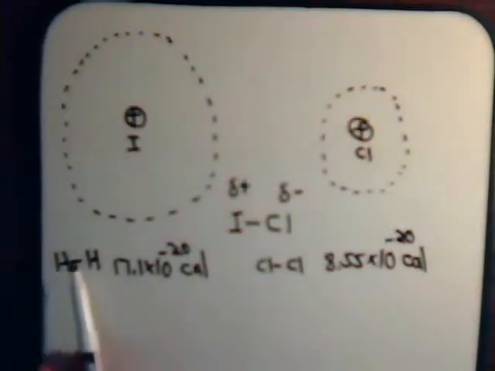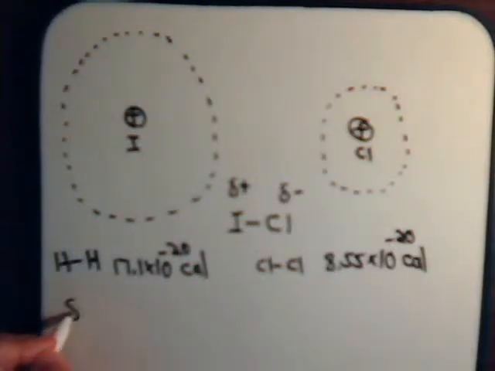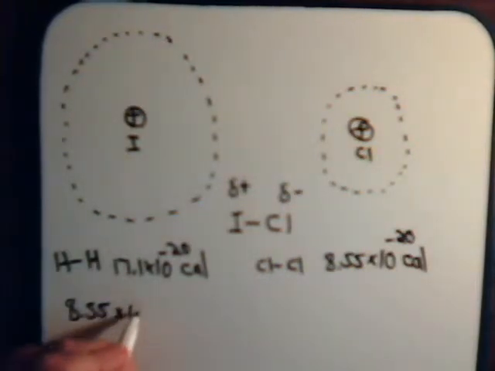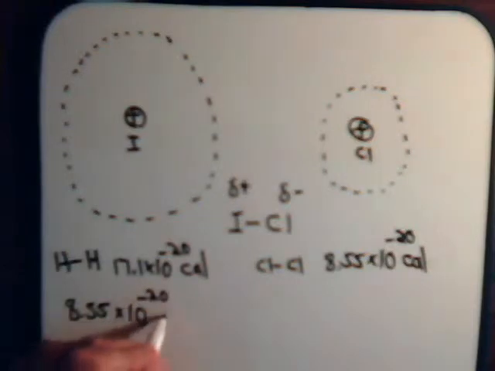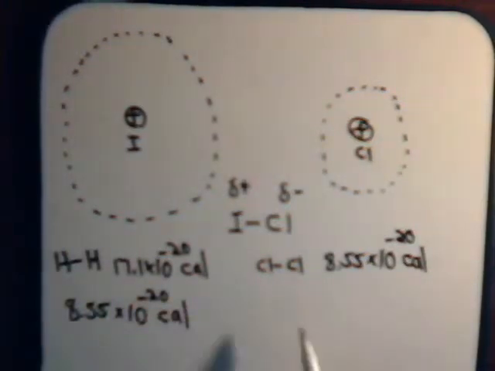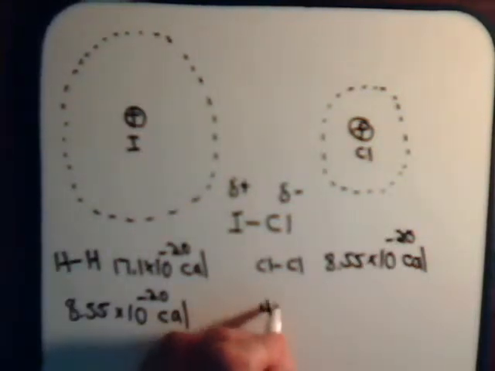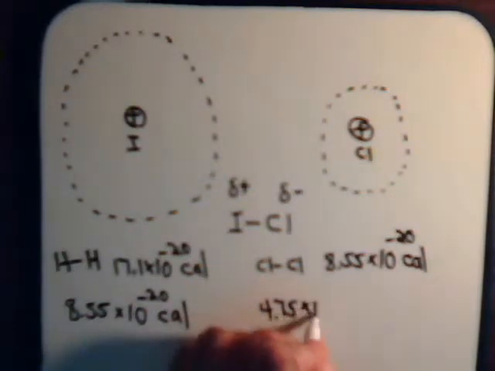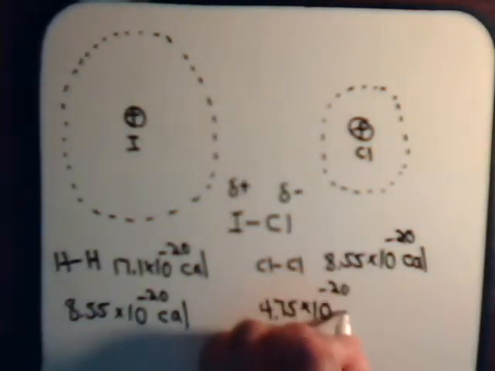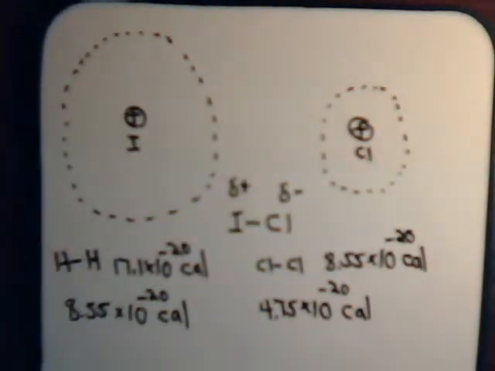But here, the valence electrons are equally shared, so we can say that each hydrogen atom contributes a bonding strength of about 8.55 times 10 to the minus 20 calories. And in here, each chlorine atom contributes about 4.75 times 10 to the minus 20 calories of strength to the molecular bond.